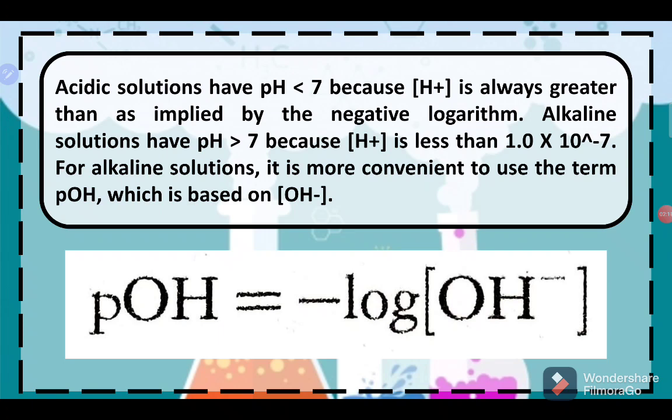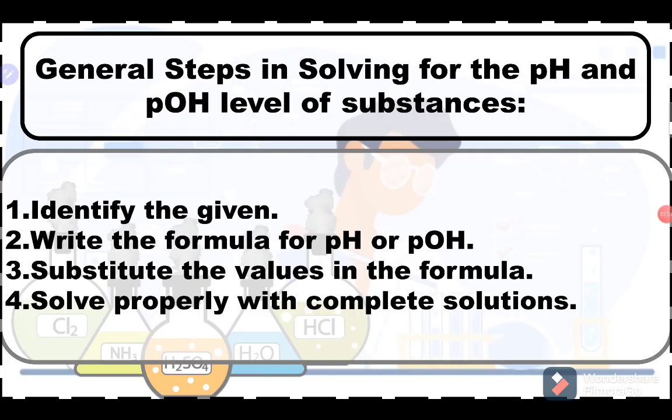So we can have the formula here: pOH is equal to the negative logarithm of the hydroxide concentration. General steps in solving for the pH and pOH level of substances: first, identify the given, then write the formula for pH or pOH, then substitute the values in the formula, and then solve properly with complete solutions.